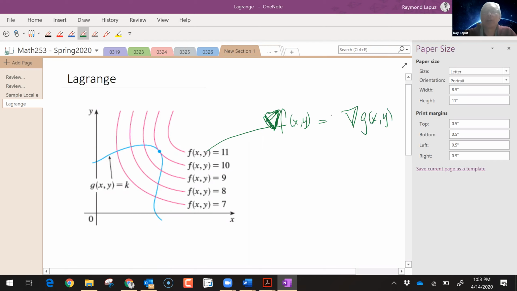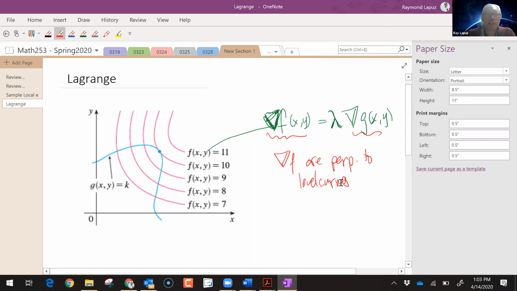And since they're parallel, and there's only 2 vectors that we're looking at, we're really just saying one of them is a scalar multiple of the other. So that's the whole idea behind Lagrange multipliers. Now, the other part is that the gradients are perpendicular to level curves.